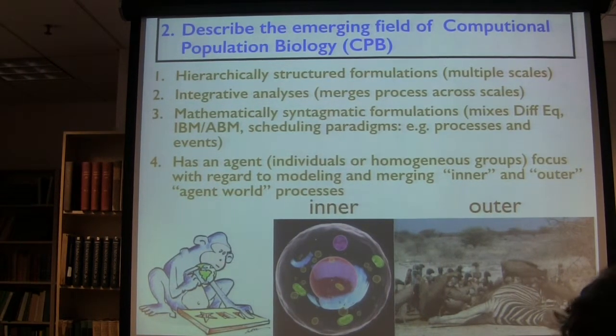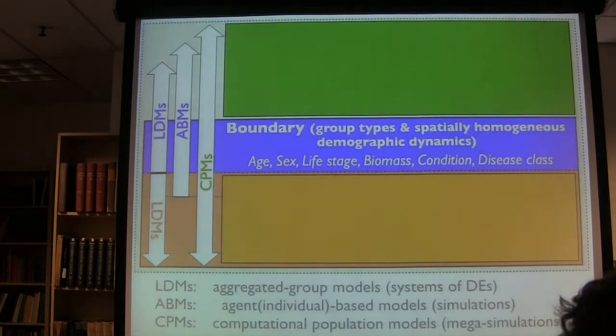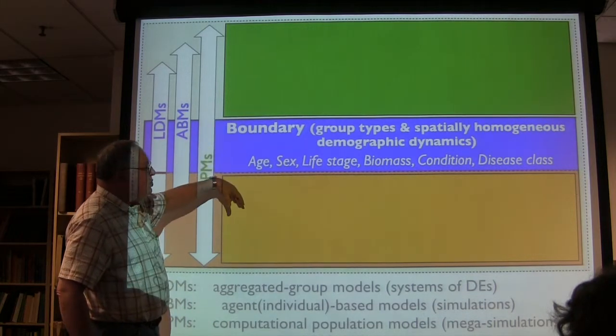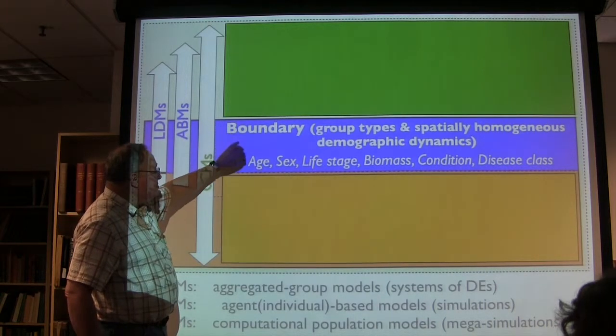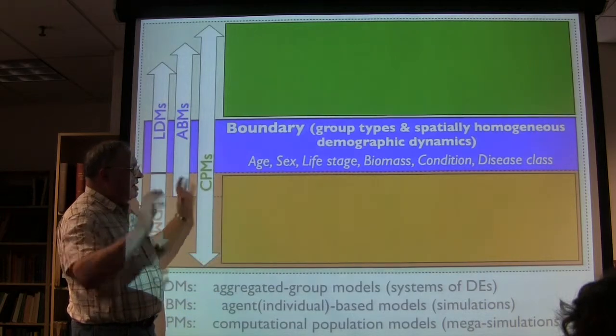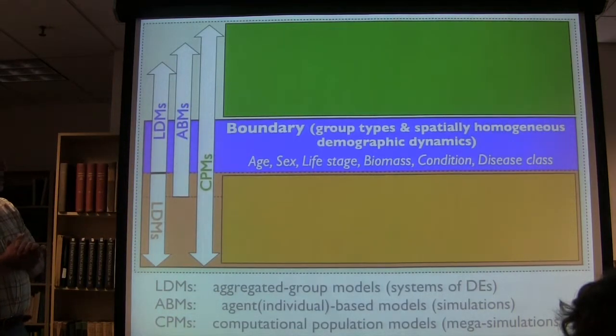So, as I said, we have an agent who has this inner and outer world, and we're putting this into a big computational platform. If we have a look at the way modeling is currently set up, mostly in the boundary between the outer world and the inner world, our individuals have a particular age, sex, life stage, biomass, and we can characterize the basic demography, so to speak, of the population in this boundary.